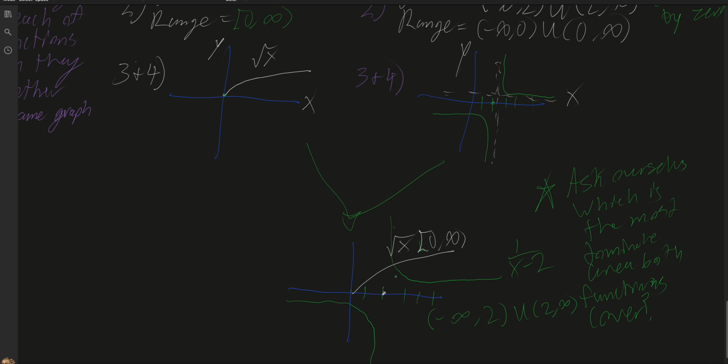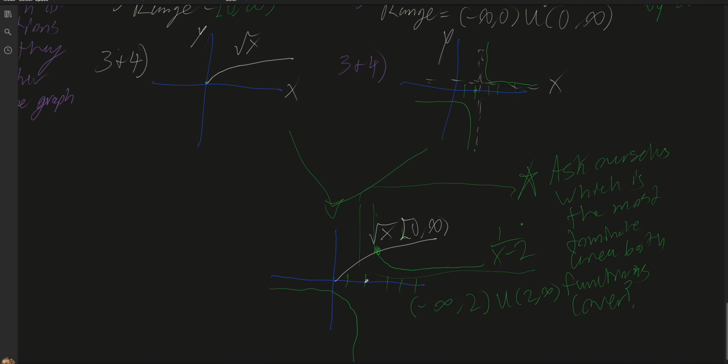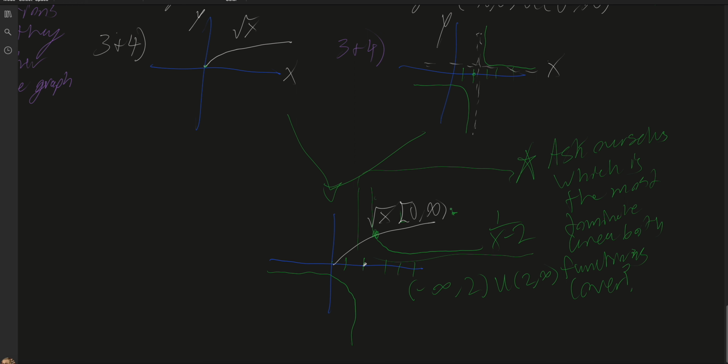Well, both functions at their intersection looks like they're going to be covering this part mostly over here. So right at their intersection is where their dominant area is actually going to be. So we can say our domains are going to be this part and this part. The intersection is not happening over here. So we'll just get rid of this.